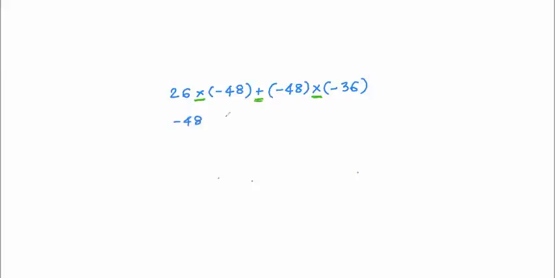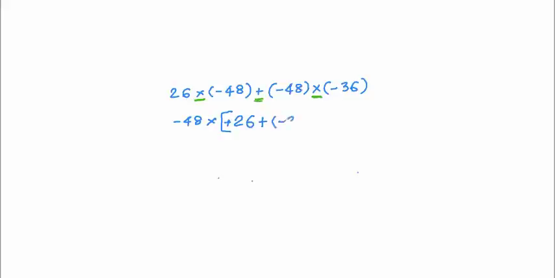So I'll put minus 48 outside as common. And then in the bracket, from the first multiplication, 26 into minus 48, minus 48 has come out. So what is remaining? 26. So the 26 stays here. No sign for 26 means it is a plus sign. I'll keep the plus sign. Then while moving to the next multiplication, in between we get a plus sign. So that plus sign stays here. Plus, minus 48 has come out as common, so remaining is minus 36.